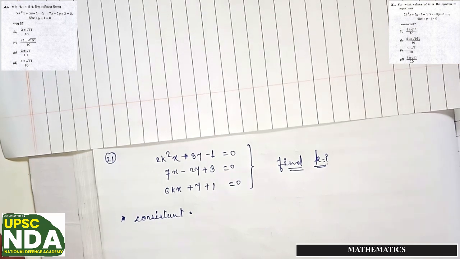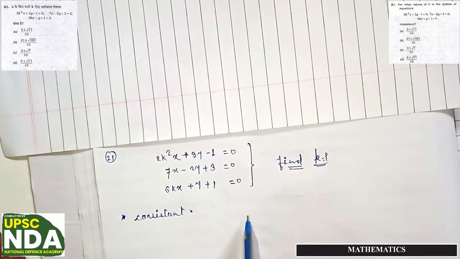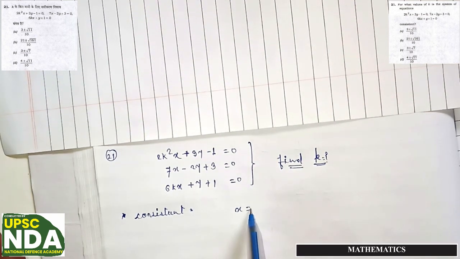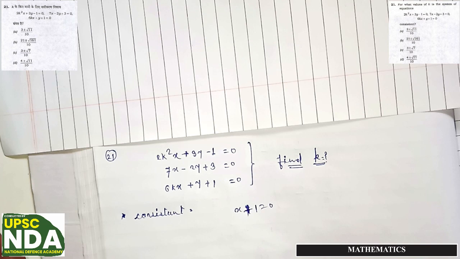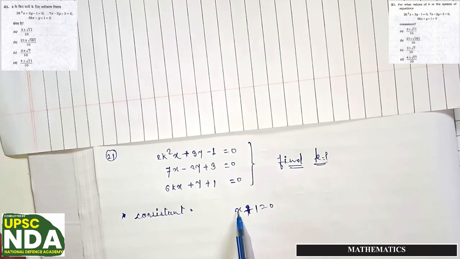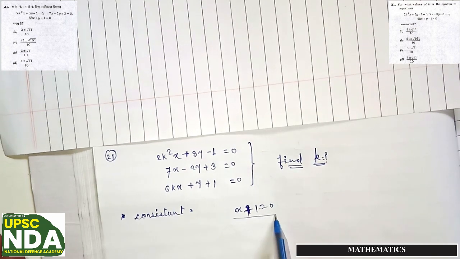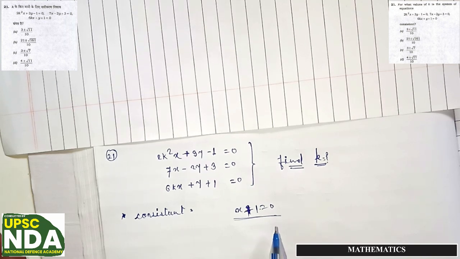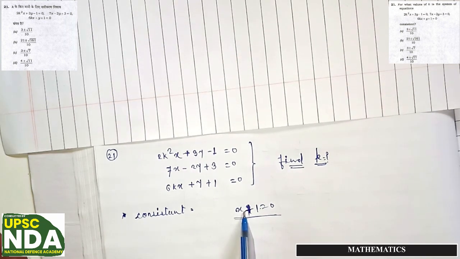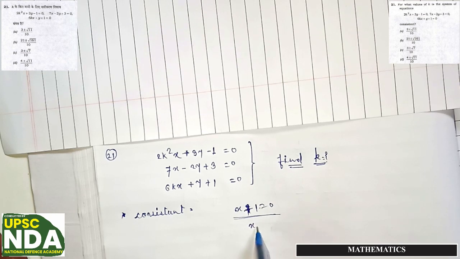Let me explain consistent with an example. Suppose I have x plus 1 equal to 0. For what value does this linear equation have a solution? x is equal to minus 1.